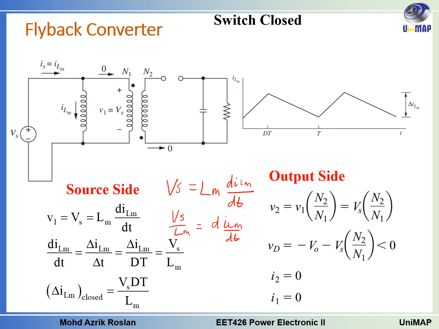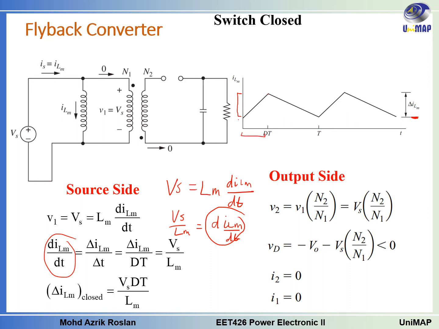So dilm over dt equals delta ilm over delta t. The delta ilm is this one, the difference between this point and this point. So the value here is delta ilm, and dt is this one.